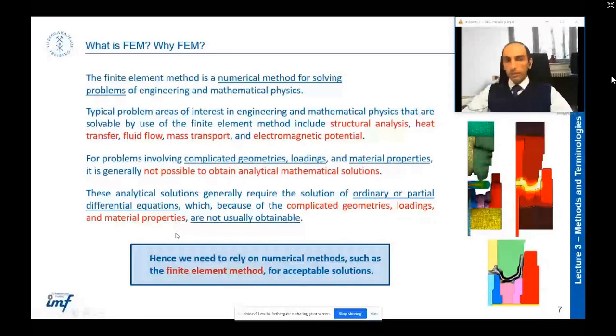For example, in metal forming, because rolling is a kind of simple process, later you will see that you have some analytical equations for rolling or for extrusion, for such simple processes. But for complicated processes, you don't have such an analytical solution.